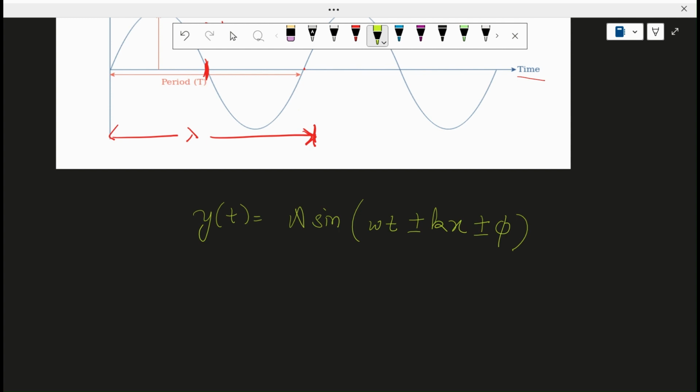So this is nothing but the path difference, and this is the phase. Since here the wave started from the initial point, this will be 0.